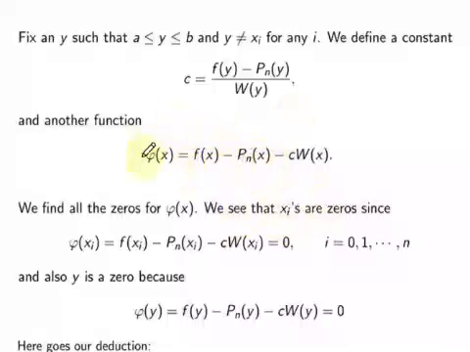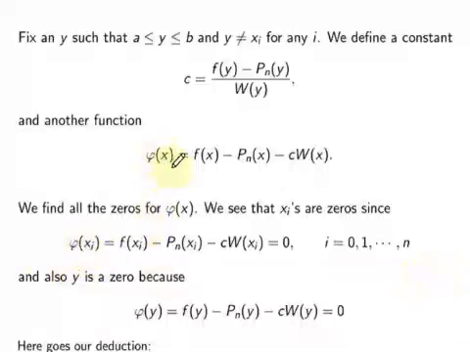So therefore the function phi vanishes at these x's, right? Look at this: the phi function vanishes at each node x_i. So therefore we can say these x_i's are roots of this phi function.